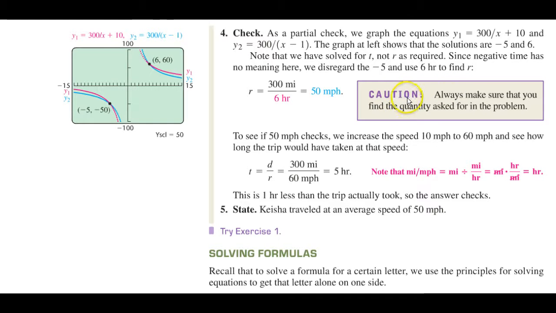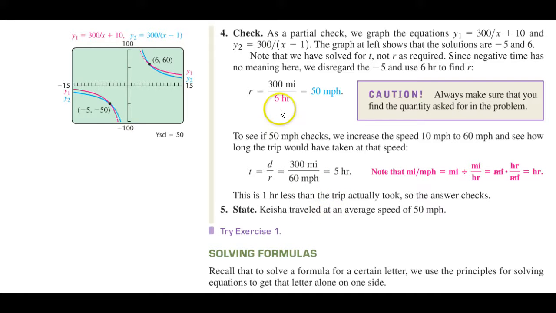Caution. Always make sure that you find the quantity asked for in the problem. I had mentioned this before. Now, when we solve this, we ended up with 5 hours. But they want to know, what is the speed?